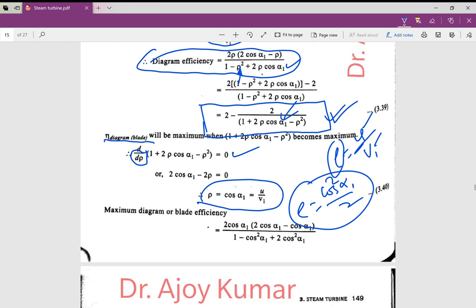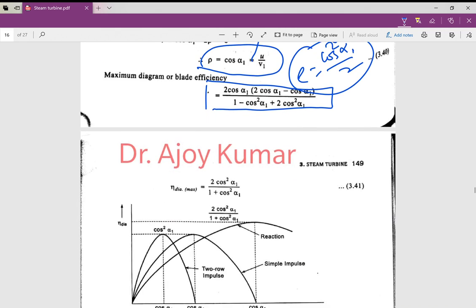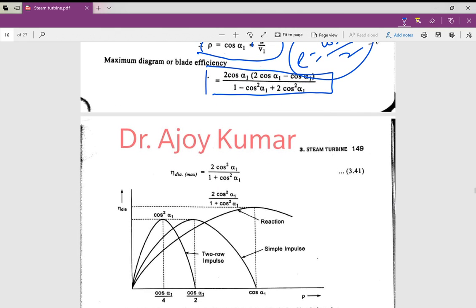Now putting this value over here, we can get maximum blade efficiency like this. So this equation is summarized like this. So the final one we are getting like this.